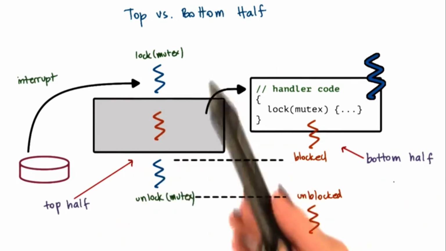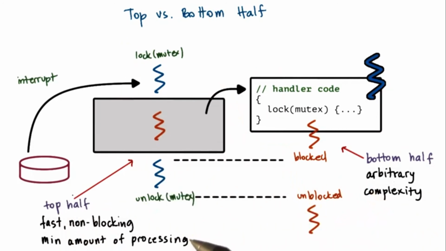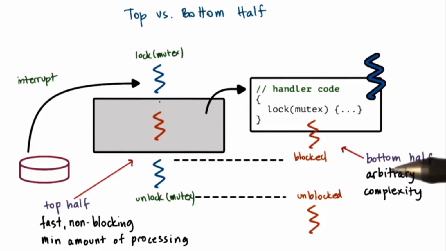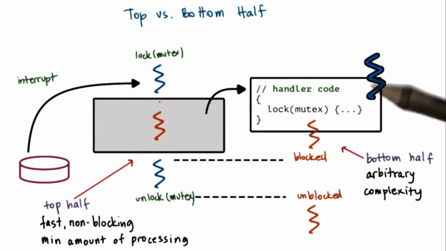So this is really what we illustrate with this portion of the lesson. The top half will perform a minimum amount of processing, and it's required to be non-blocking. It will be fast, basically. The bottom half is pretty much allowed to perform arbitrary types of processing operations. The top half executes immediately when an interrupt occurs, whereas the bottom half, like any other thread, can be scheduled for a later time, and it can block.